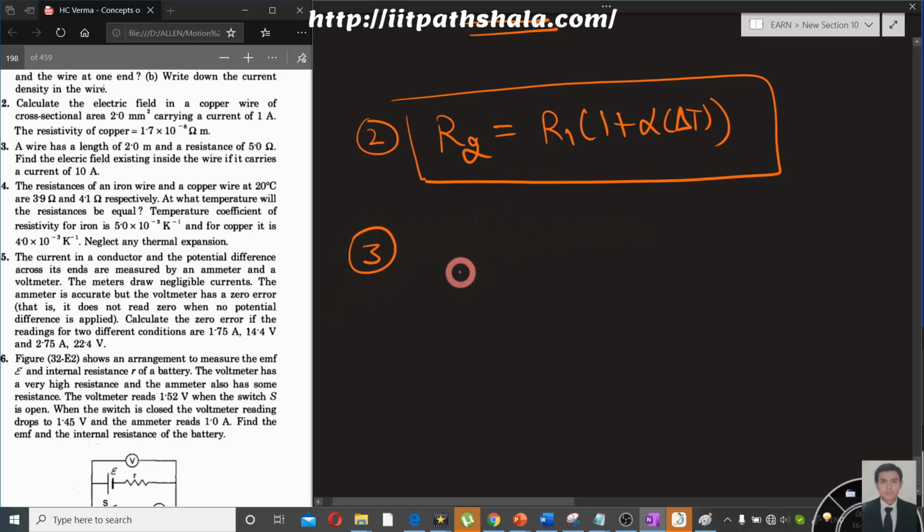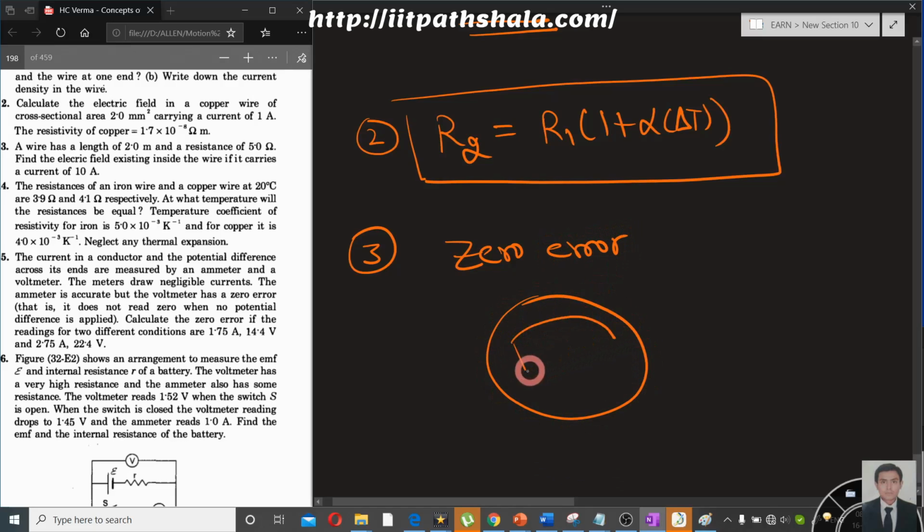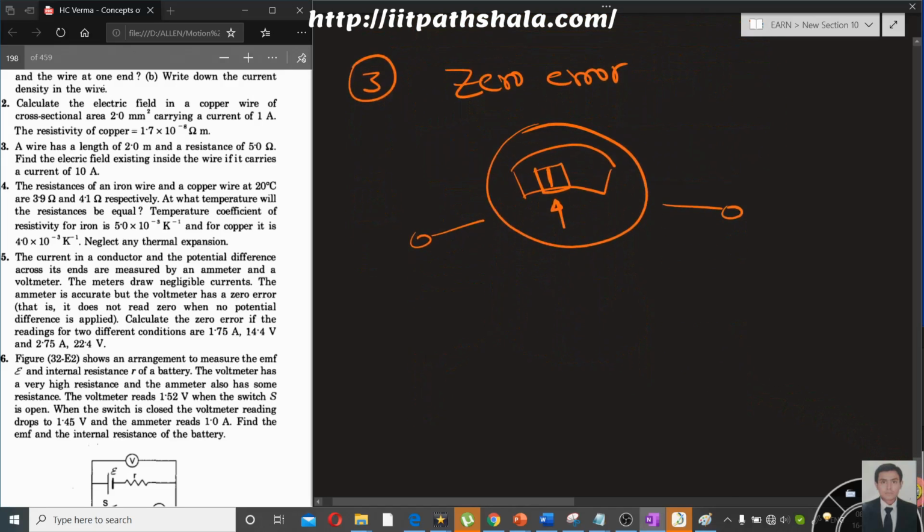Your third takeaway is the zero error. The zero error is the error you have in your dial prior to connecting it to a circuit, the existing reading in your dial before you have connected it to any circuit.